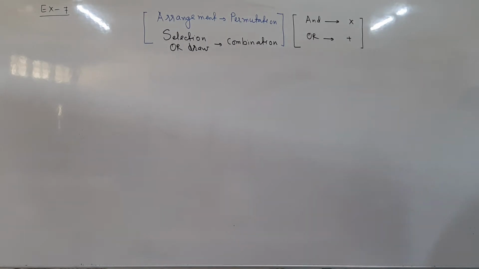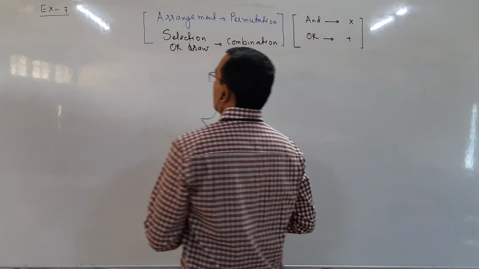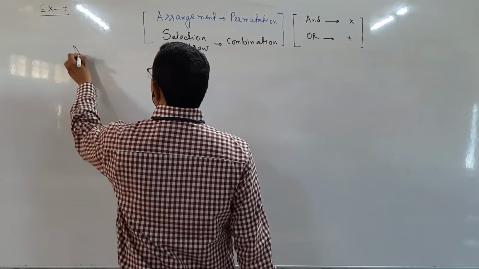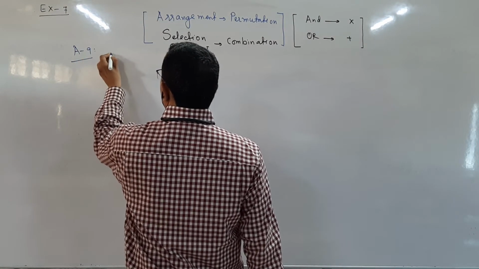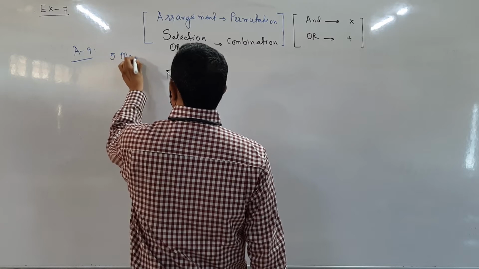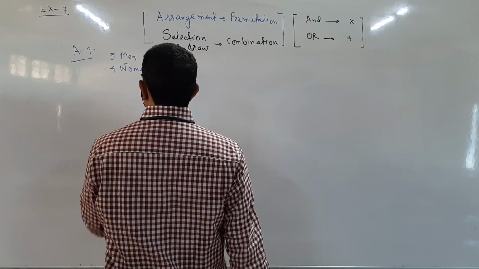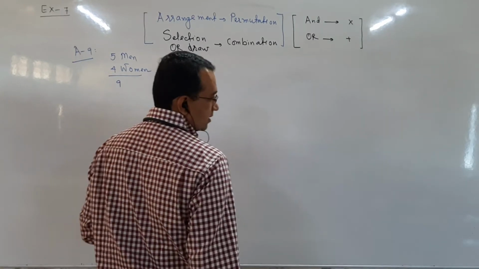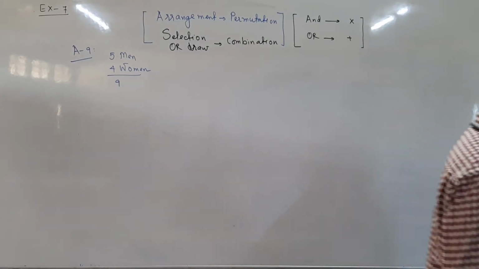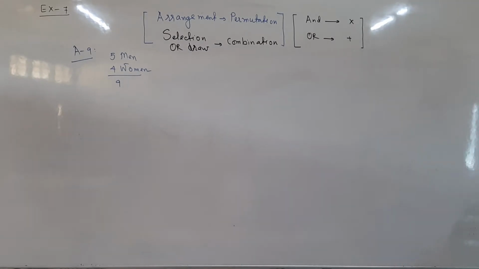Now it is required to sit 5 men and 4 women in a row such that women occupy even places. Okay. Answer 9. 5 men and 4 women, so in total we are given 9 persons. Now women occupy even places.